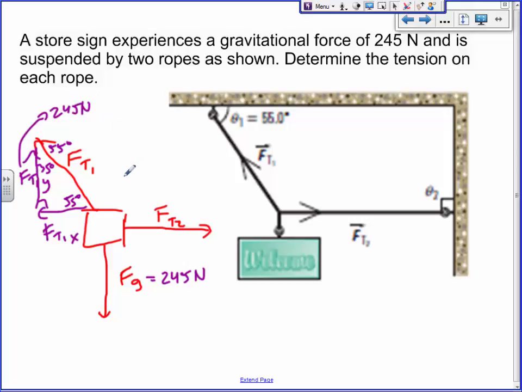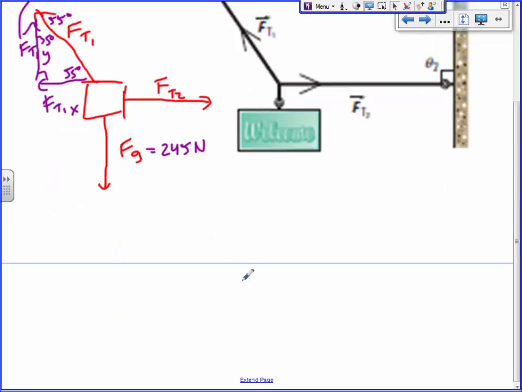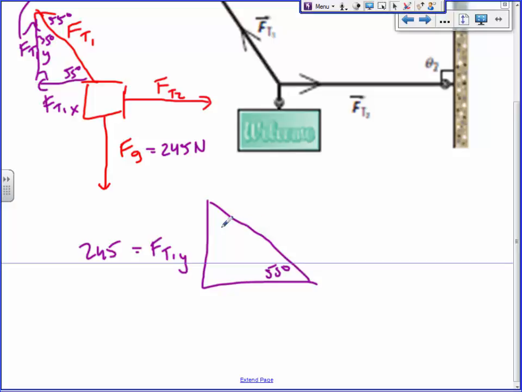Because if it wasn't, this sign would either be floating upwards in the air or it would be falling, right? So based on that, I'm going to now redraw my triangle a little bit here because it was getting a little ugly at the corner. You guys might not need to. This is the F tension 1 in Y. It must be 245. And I know that this angle right here is 55 and this one is 35.